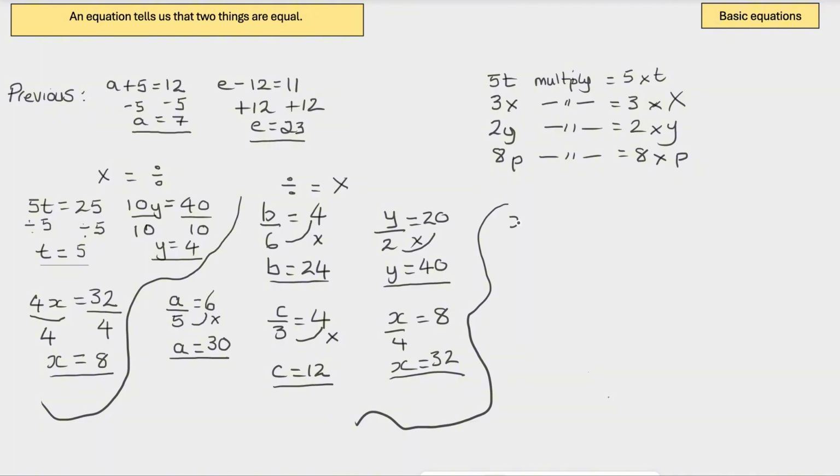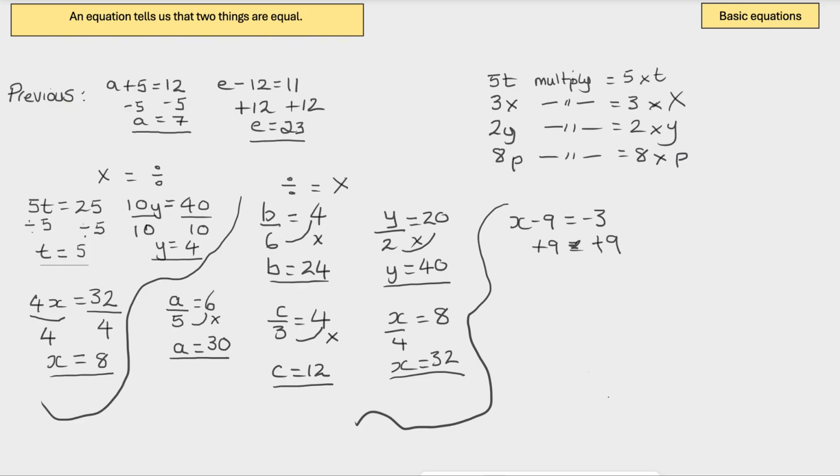So let's go with x minus 9 equals minus 3. Now, yes, that looks a bit more tricky, but it is not, I can assure you. We are using exactly the same principle. It's a negative, so we know we have to plus it. So it's going to be plus 9.